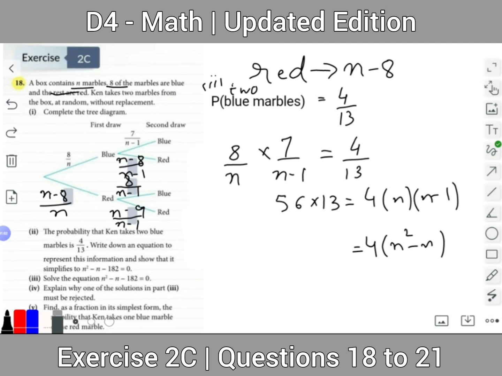and after multiplying 56 and 13 we will get 728.